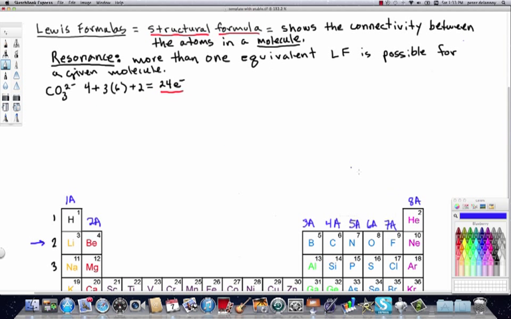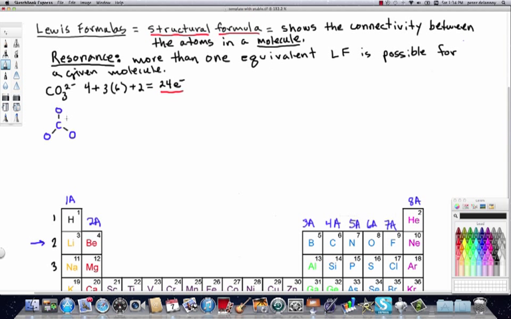All right, and what I'm going to do next is get my skeletal structure, so I'll put the oxygens around my carbon, and the next thing that we're going to do is go ahead and connect. We're going to bond everything up. So here's a bond, and a bond.